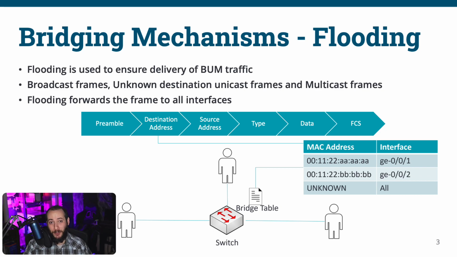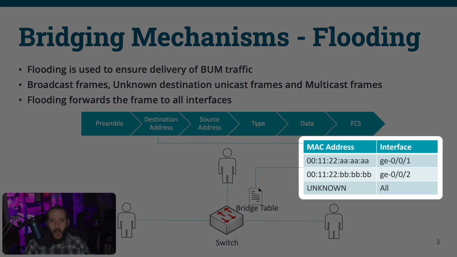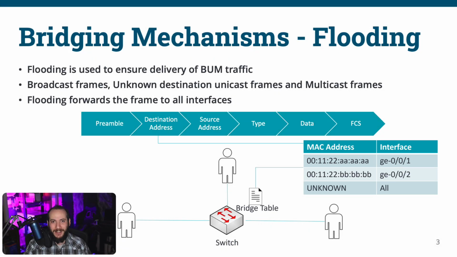As we see in our bridging table here, unknown unicast destinations are flooded out all interfaces. It should be noted, though, that you will not actually see a catch-all entry in an actual bridging table like this. This entry is only for illustration purposes.